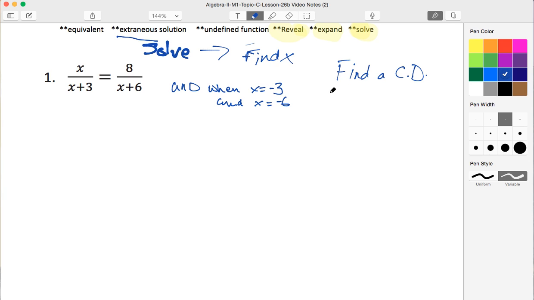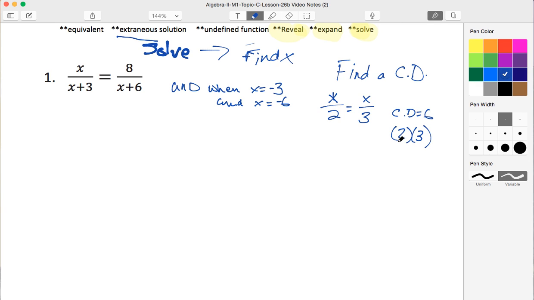Okay, so finding a common denominator, here is a trick. It's not a trick, it just makes sense. Let's do x over 2 is equal to x over 3. If I needed to solve this and find a common denominator, you would say your common denominator is 6. And I say, 6, you mean 2 times 3?